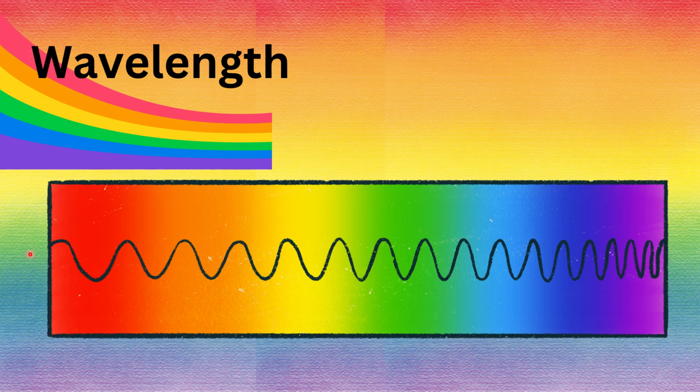We cannot see wavelengths more than 700; that is called infrared rays. We cannot see waves less than 400; that is called ultraviolet rays. So normally we can see the wavelength from 700 to 400 nanometer. So violet color is around 400, red color is around 700 nanometer.